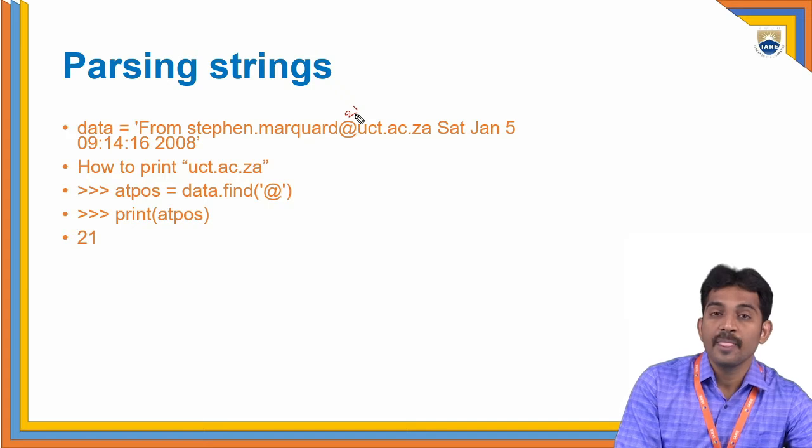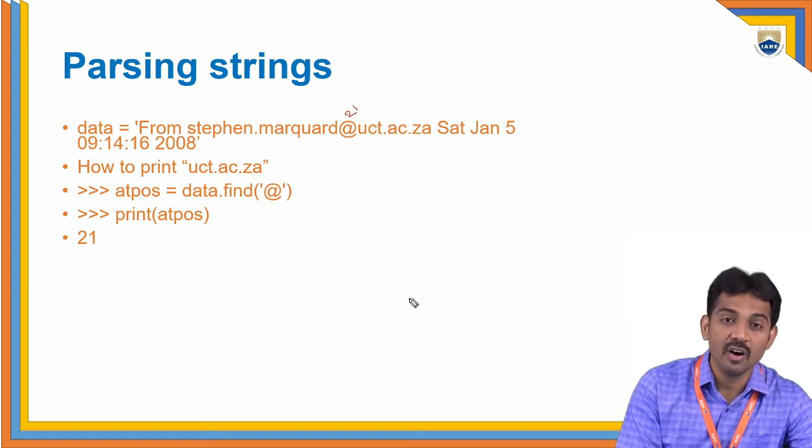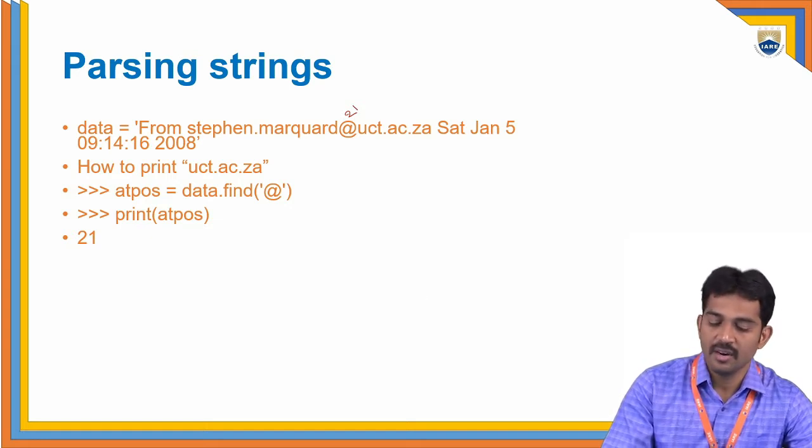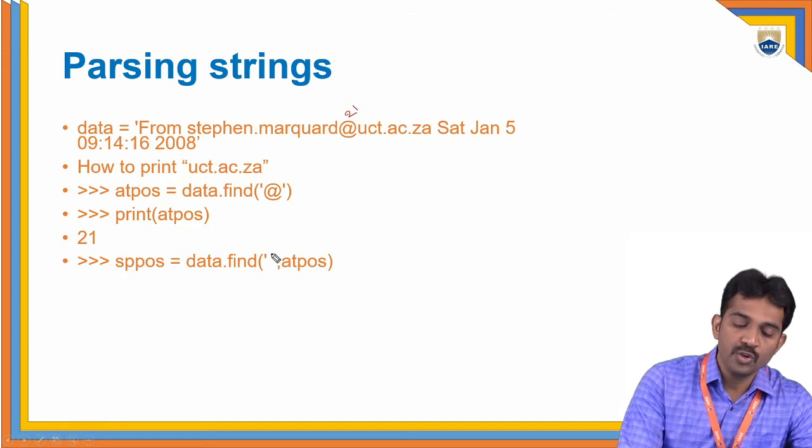After that, I want to find where the space appears after 21. I said that the find function contains two more arguments, starting and ending. If you mention the starting, it is going to find after the 21. See, let us see. At pos means you need to find the space, but where?